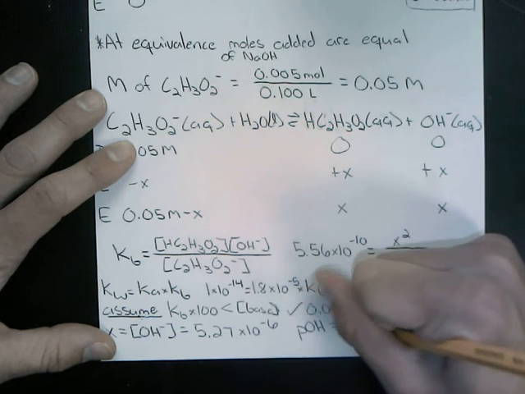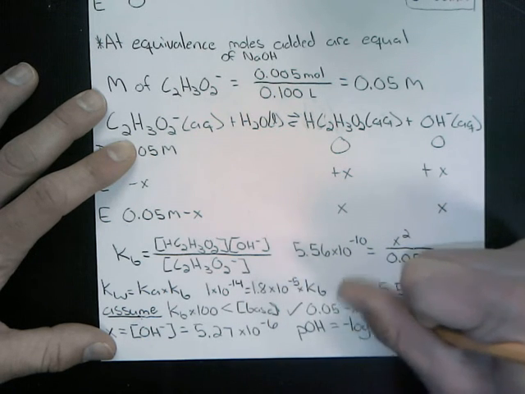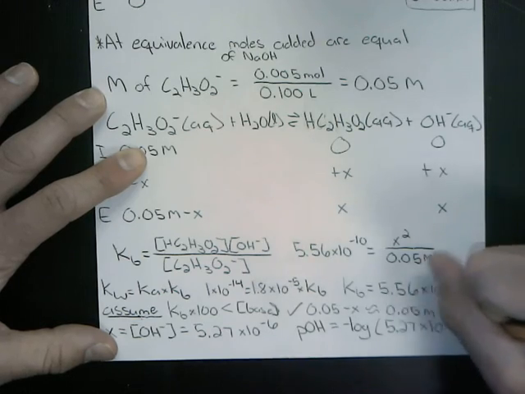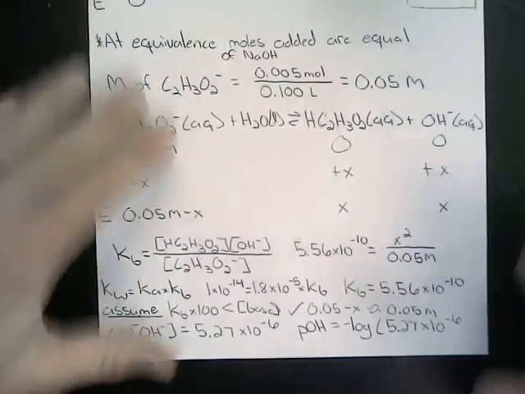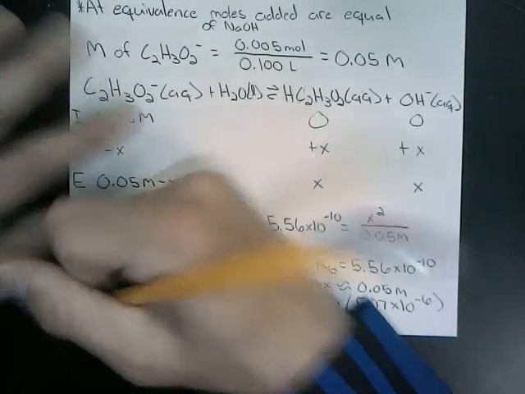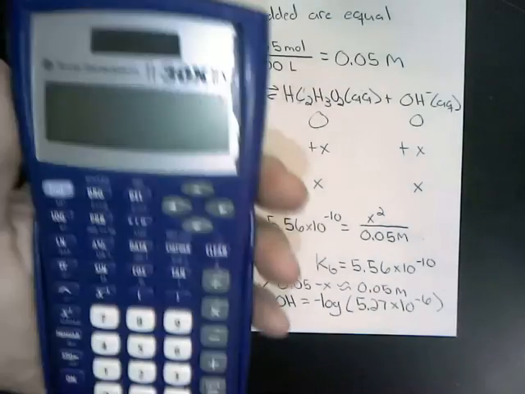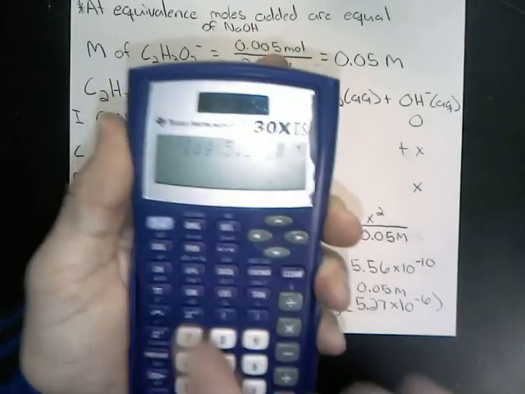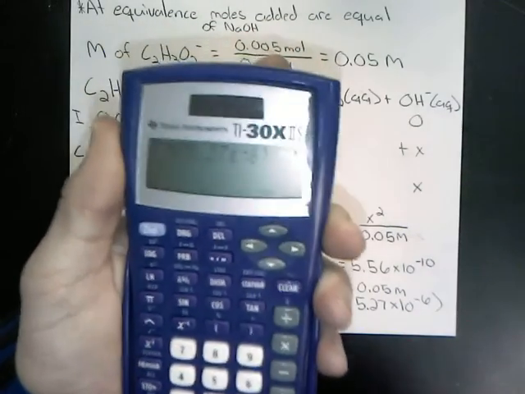So the pOH is the negative log of 5.27 times 10 to the negative 6.